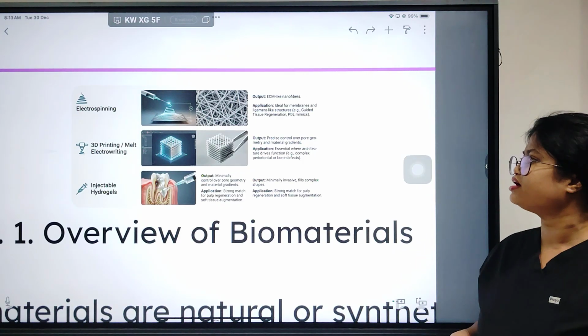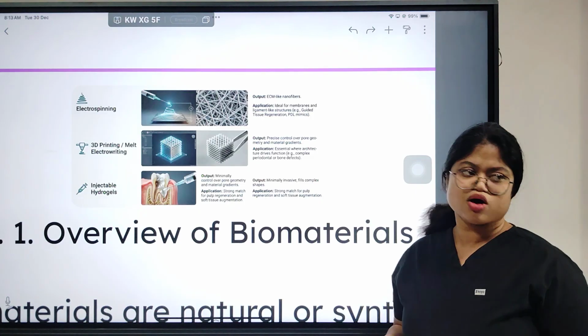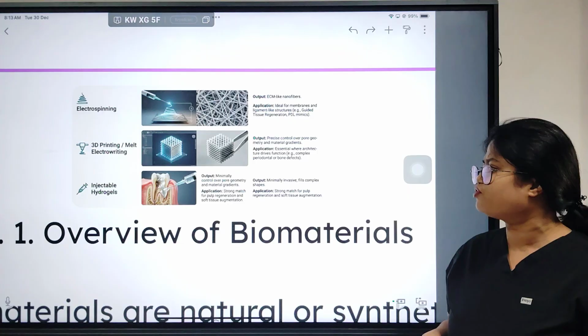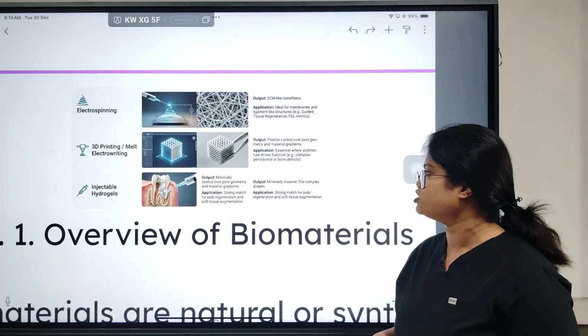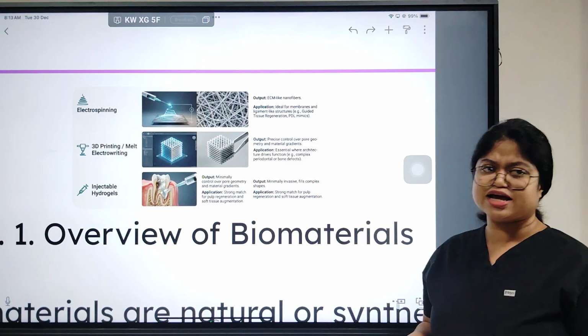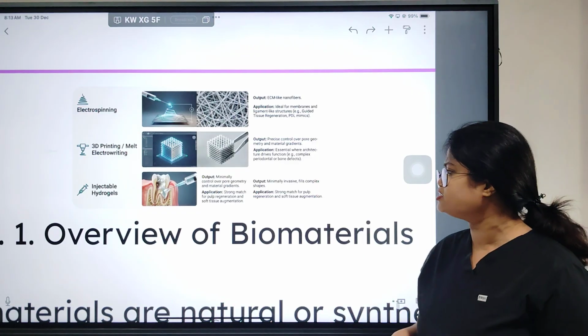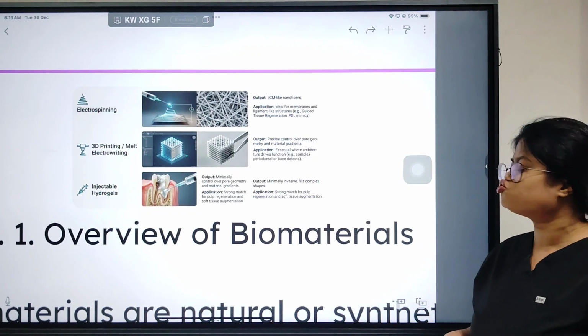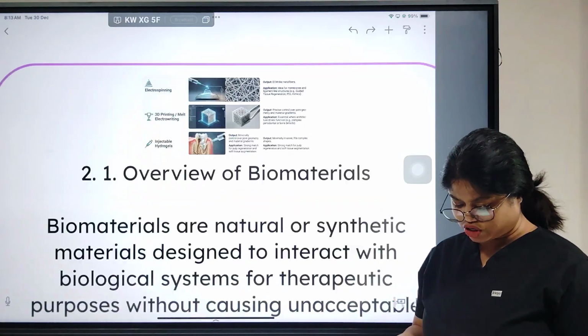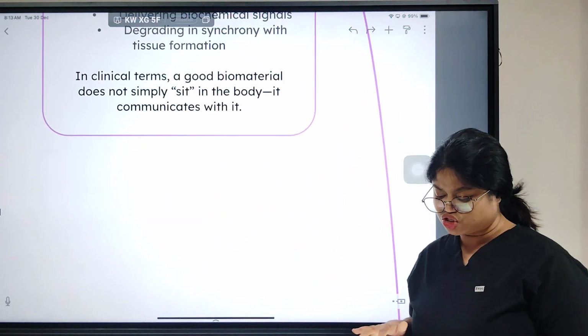The 3D printing technique involves larger tissue mechanisms for periodontal and bone defects, and injectable hydrogels are minimally invasive in nature, filling complex shapes in body cavities, and their application is a strong match for not only pulpal regeneration but also soft tissue regeneration in general.